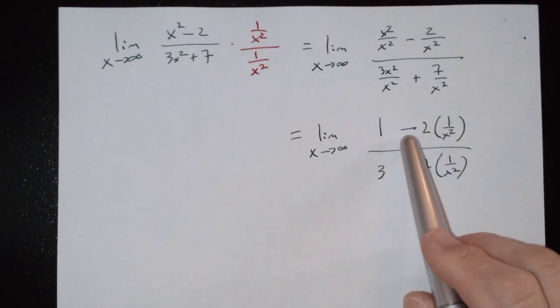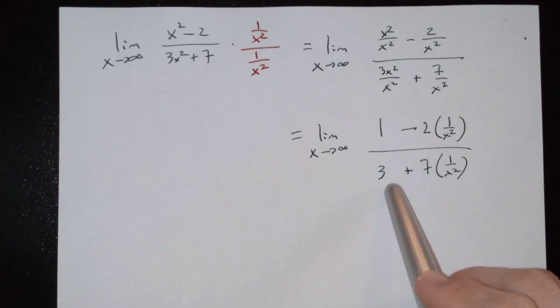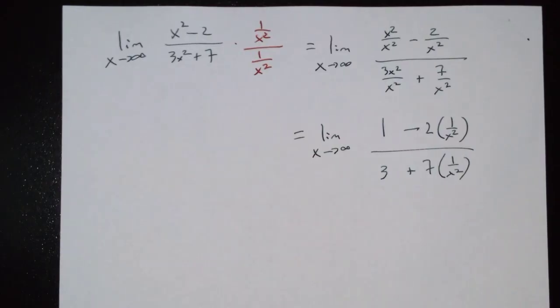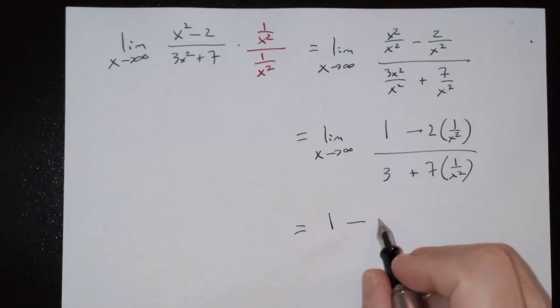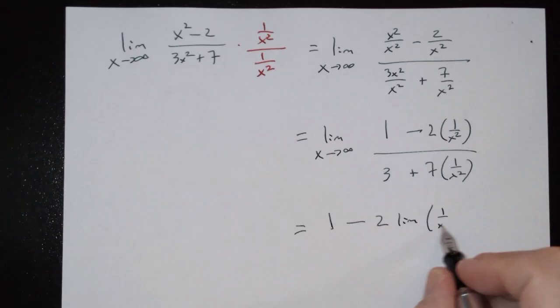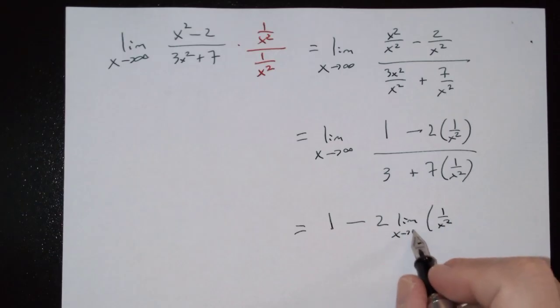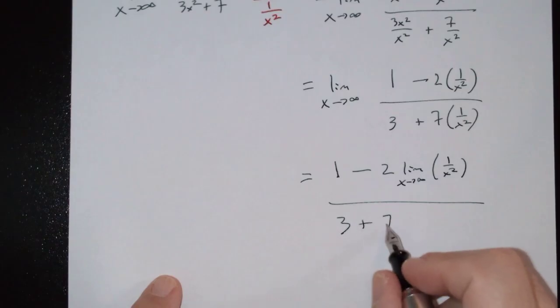Because what's the limit of 1? What happens to 1 as x changes? Nothing. It stays 1. Same thing with the 3, right? So I'm going to take this limit and move it to here, and to here.